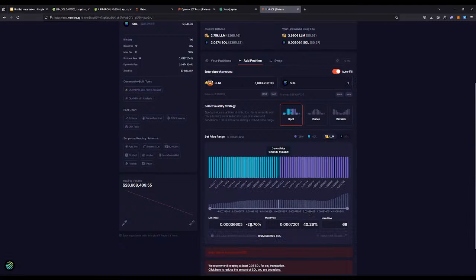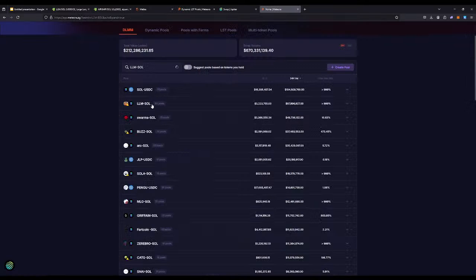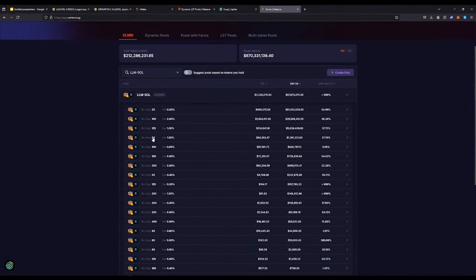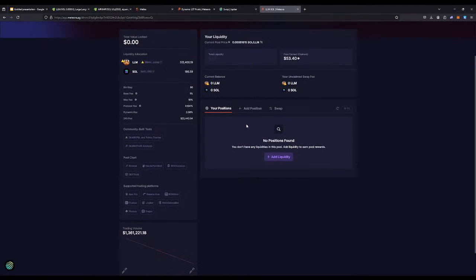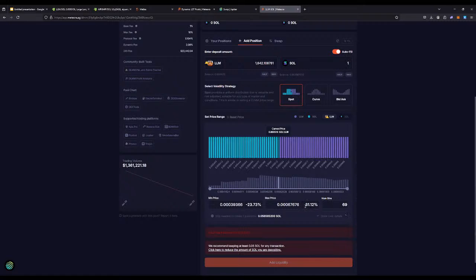Yeah, so minus 28 to plus 40, and 80 would be slightly tighter, minus 23 to plus 31. So minus 28 to plus 40 versus minus 23 to plus 30. Slightly tighter, but still using 69 bins. That's what I would do.